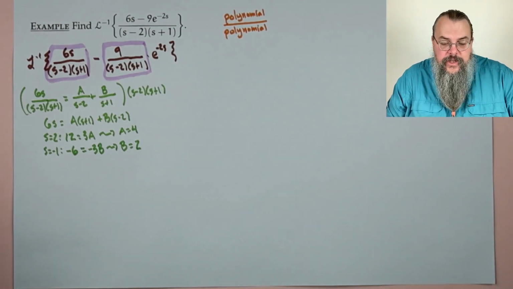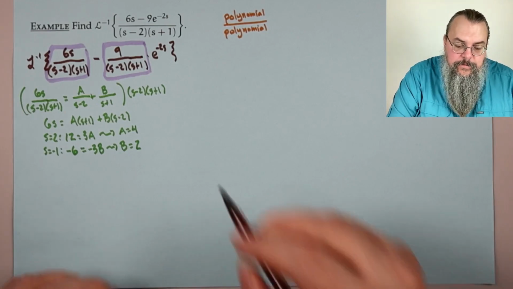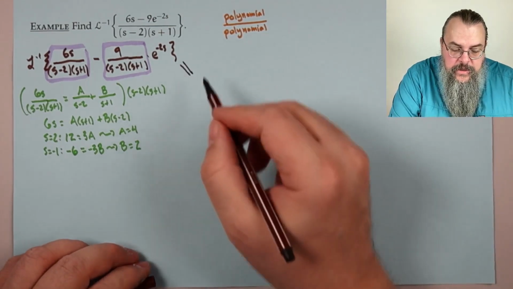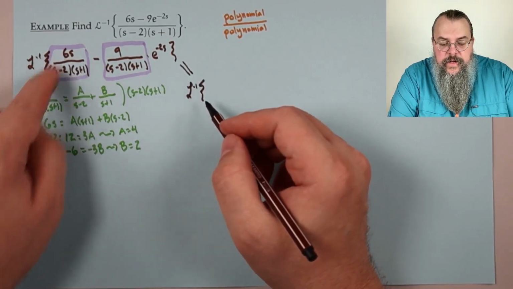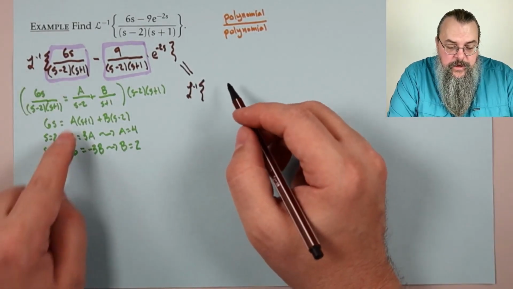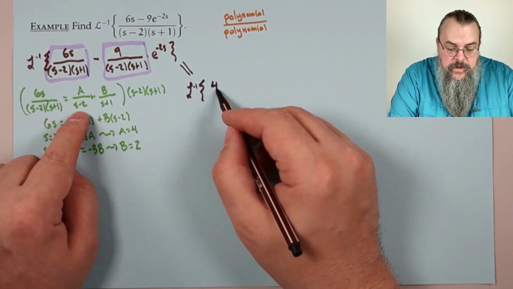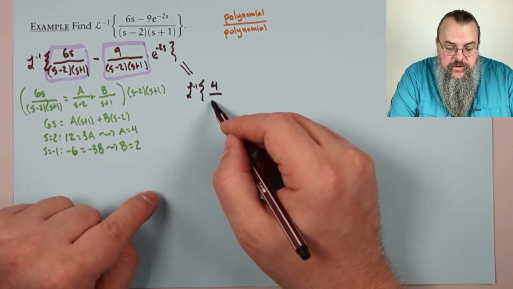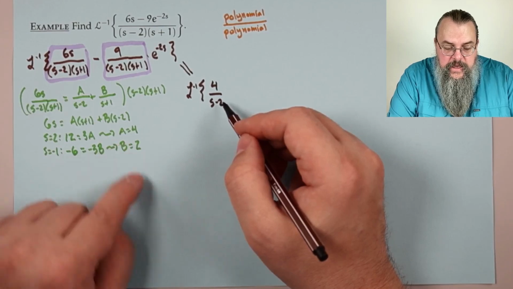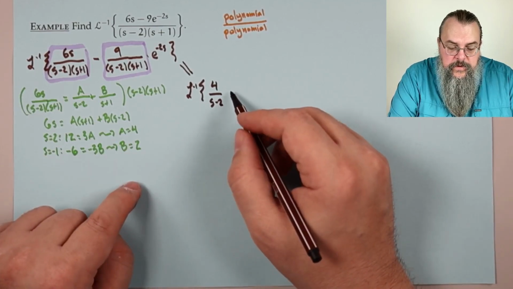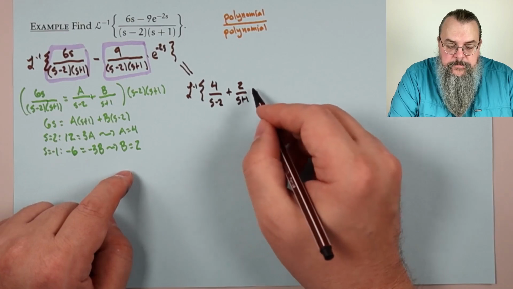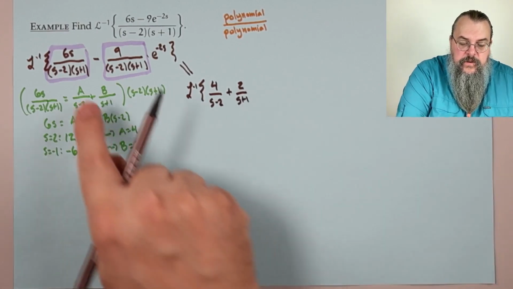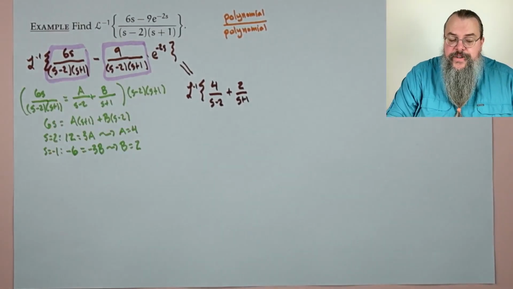It tells us that the inverse Laplace of 6s over (s minus 2)(s plus 1) becomes 4 over s minus 2, because that's our A, plus 2 over s plus 1. So I've broken that apart.